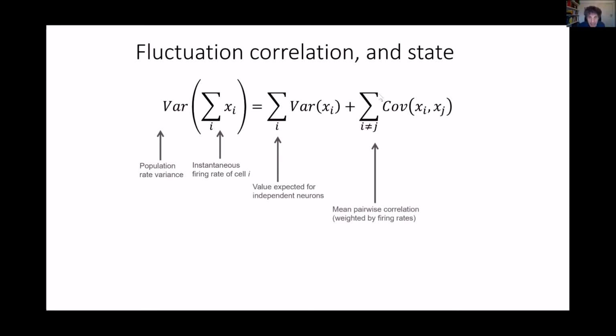This here is the difference between the virtual population and the actual population, and it's a sum of the pairwise correlations. So if all the cells are positively correlated, the real population will have a larger variance in its population rate than the virtual population.